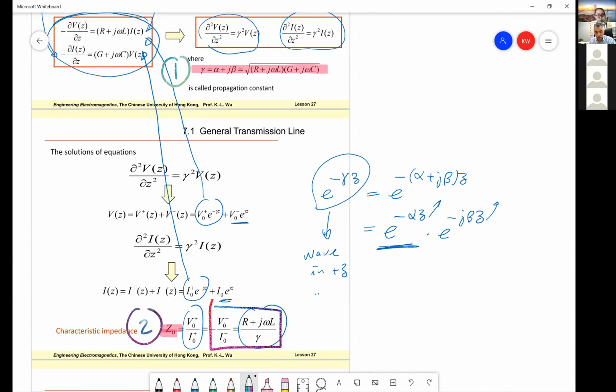Electrically, we only need these two parameters. With these two parameters, all the electrical properties of the transmission line are given.